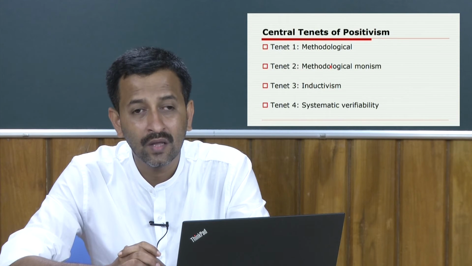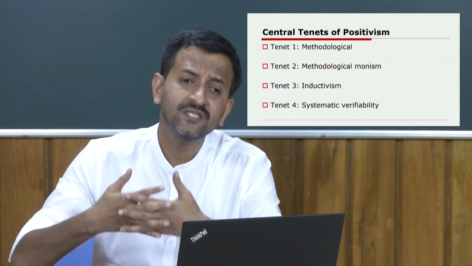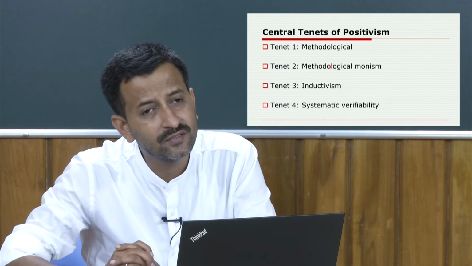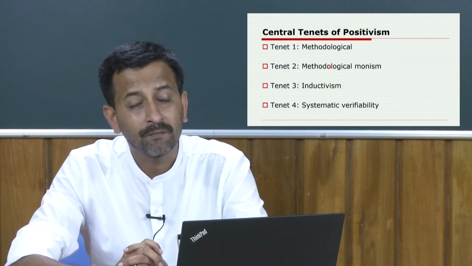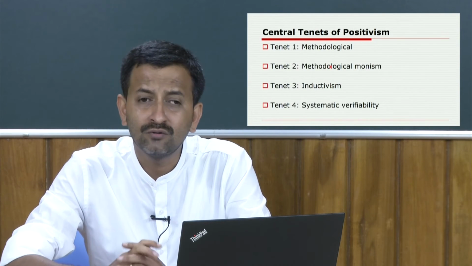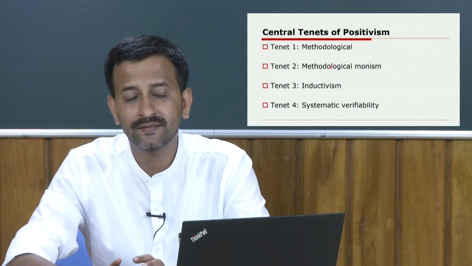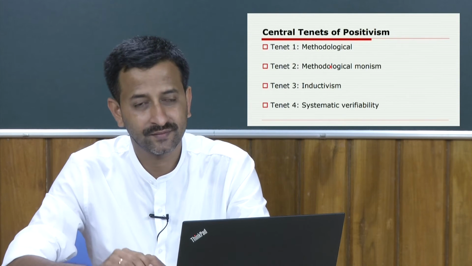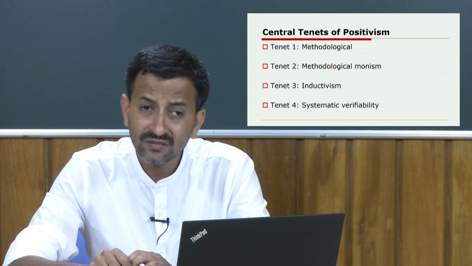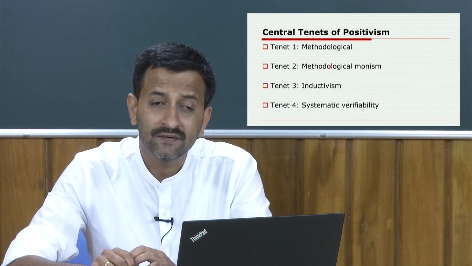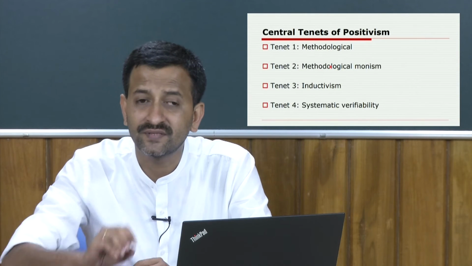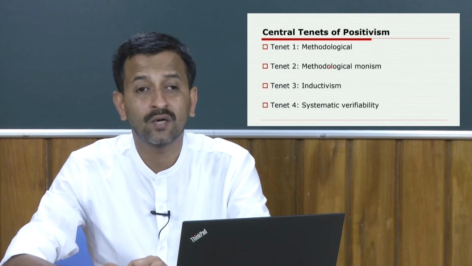Somebody may say that just because it cannot be verified, it cannot be called science? But science always believes in not simply observable facts, but also verifiable facts, which the frameworks of theology and metaphysics missed out.